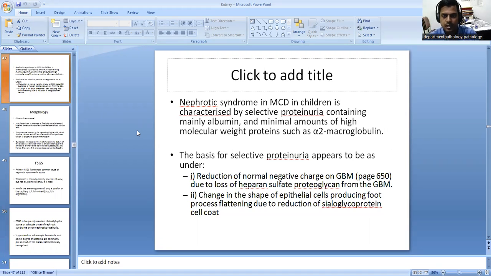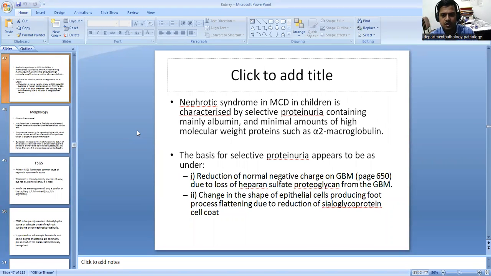Nephrotic syndrome in minimal change disease in children is characterized by selective proteinuria containing mainly albumin and minimal amounts of high molecular weight protein such as alpha-2 macroglobulin.